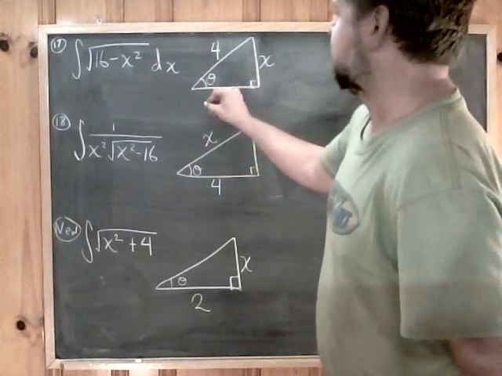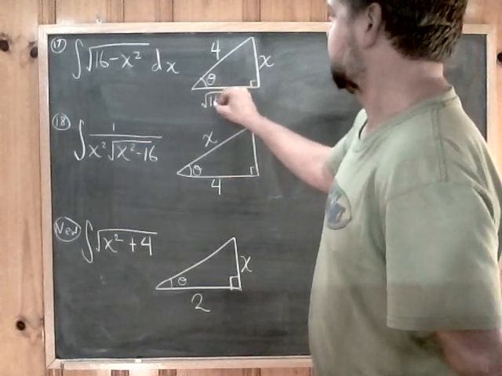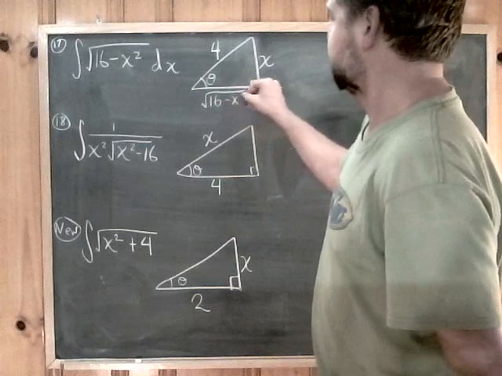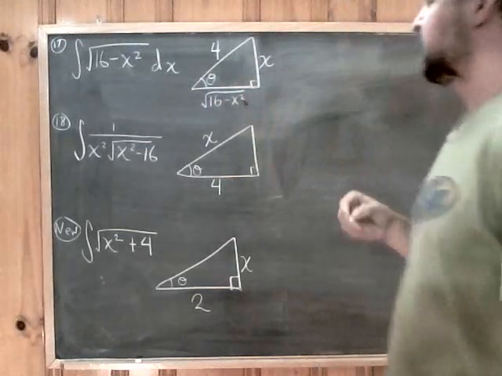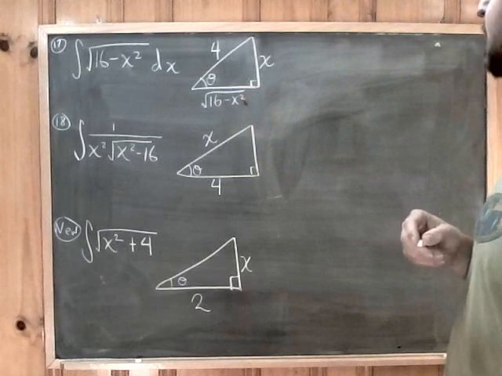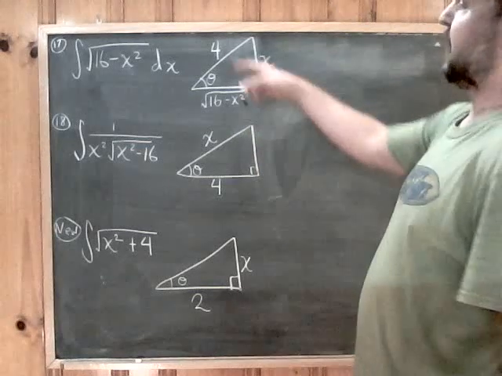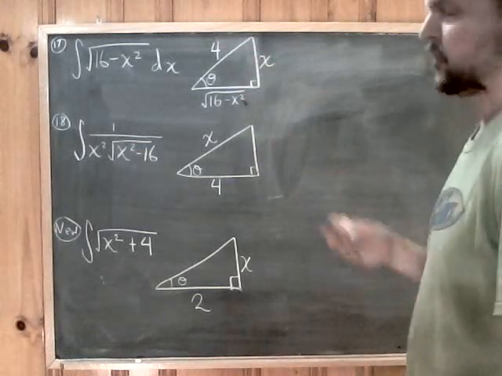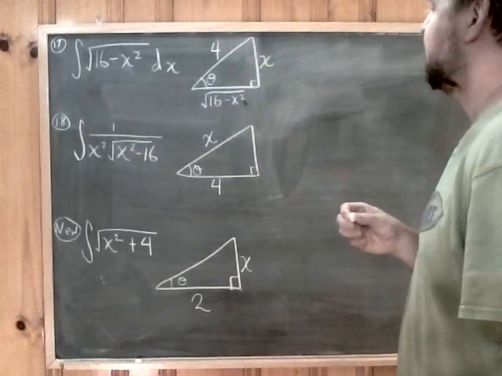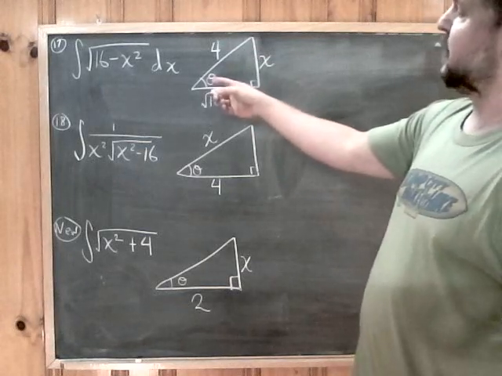And that's so that I can finish the triangle with the square root of 16 minus x squared, which, if I check it, obeys the Pythagorean theorem. Squaring that gets rid of the square root, add on the x squared, and that's the same as 4 squared, 16.